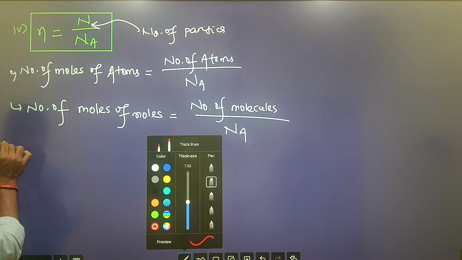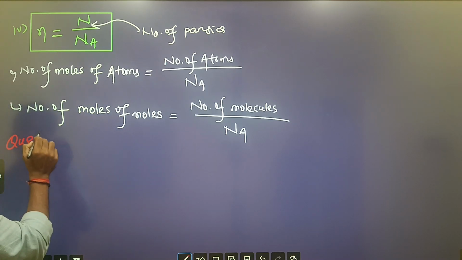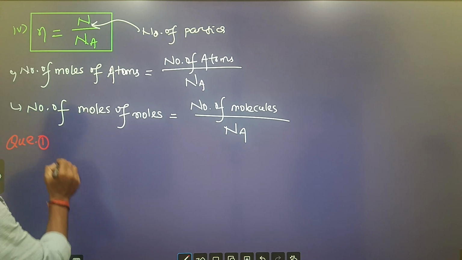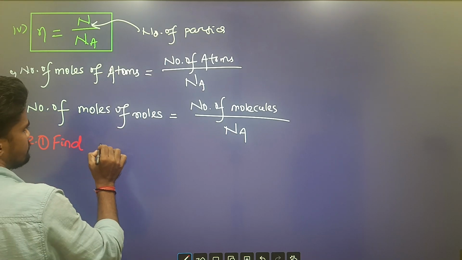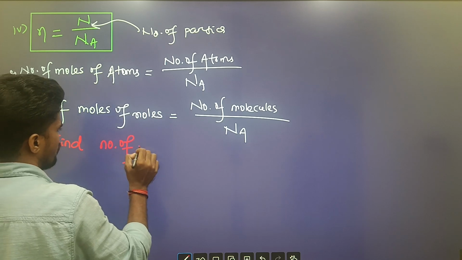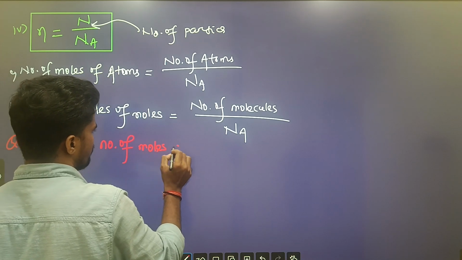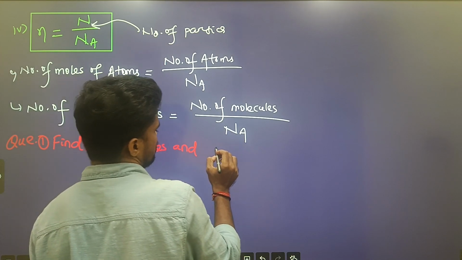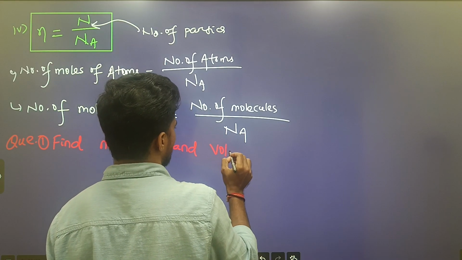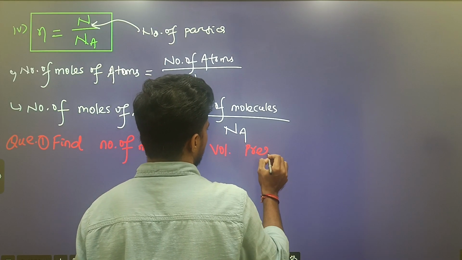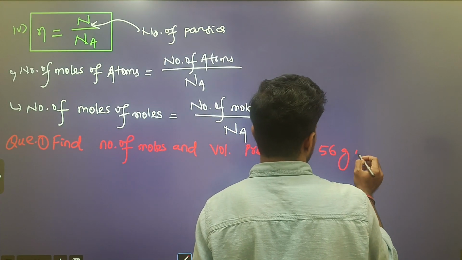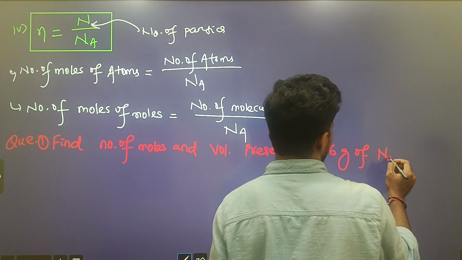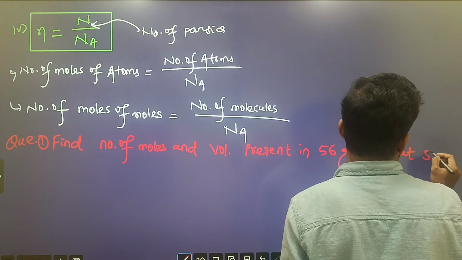So if you see the example, question 1: find number of moles and volume present in 56 gram of nitrogen at STP.